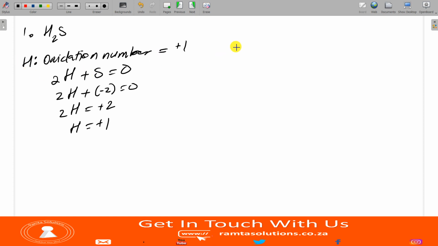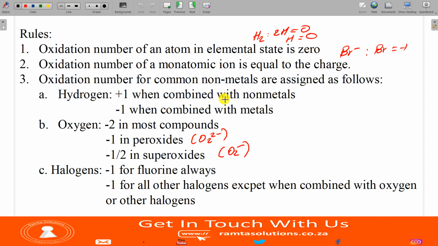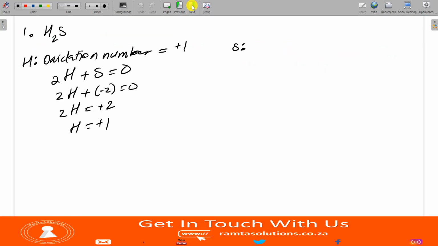Now, let's look for the sulfur. The hydrogen is bonded with a non-metal, right? So since the hydrogen is bonded with a non-metal, let's say 2H plus sulfur equals 0.